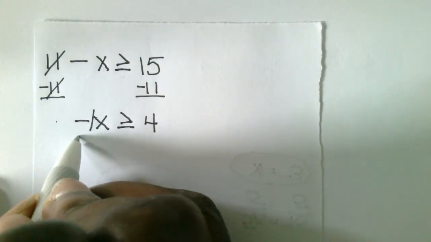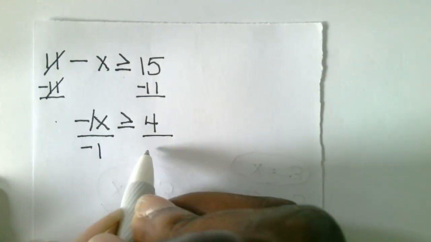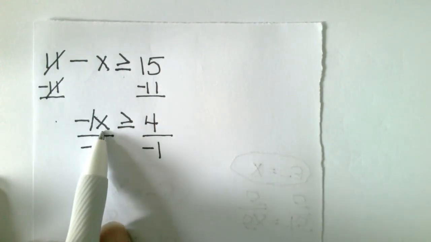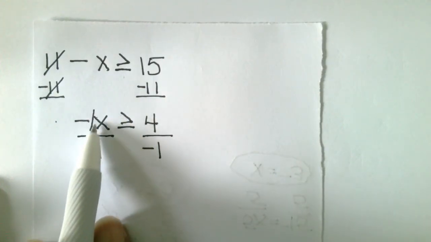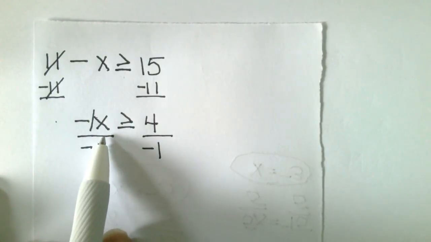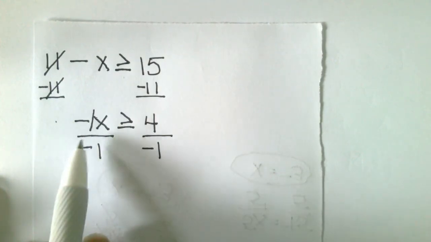So this time we definitely need to get rid of it by dividing, because negative 1x is the same as saying negative 1 times x. You see why once you get into algebra you can't use x as a multiplication symbol? We shouldn't be teaching x as multiplying anymore. It should be a dot or parentheses.